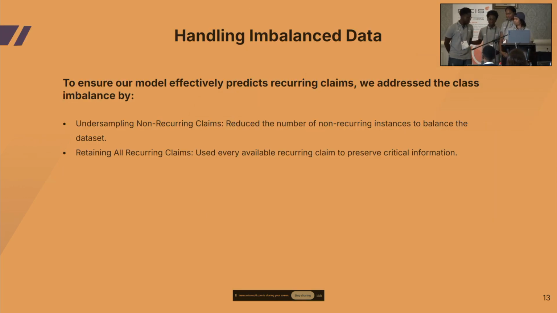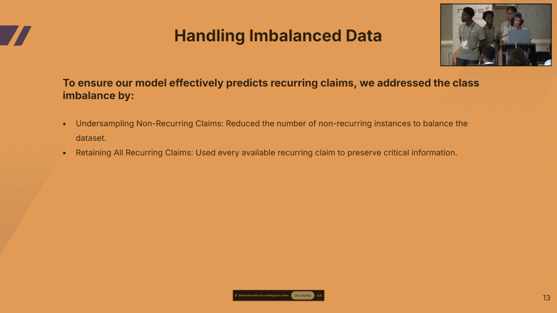Firstly, in order to feed data to our models and to ensure that the model effectively predicts recurring claims, we address the class imbalance. As you've seen from the previous pie charts, out of an entire population, there's only a small percentage that's actually recurring claims. If we fed our model that data as is, we would get a huge imbalance causing very inaccurate recommendations.